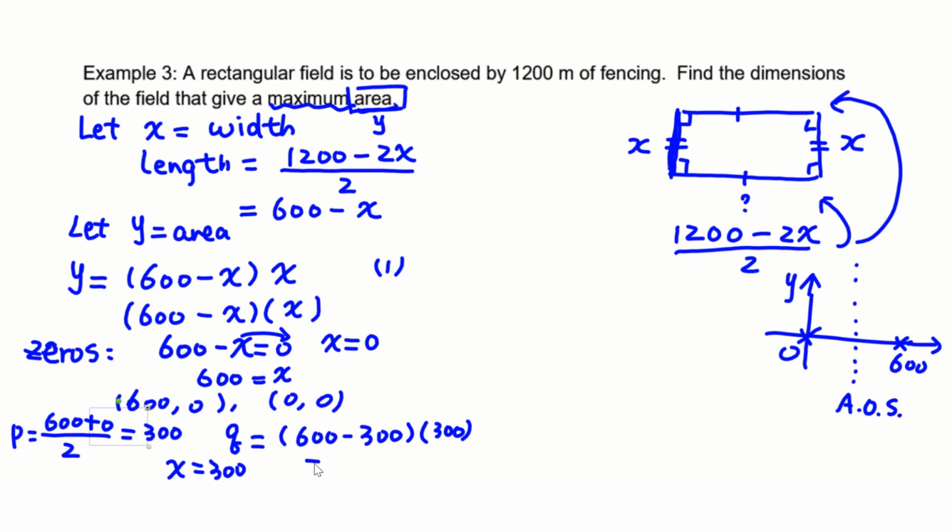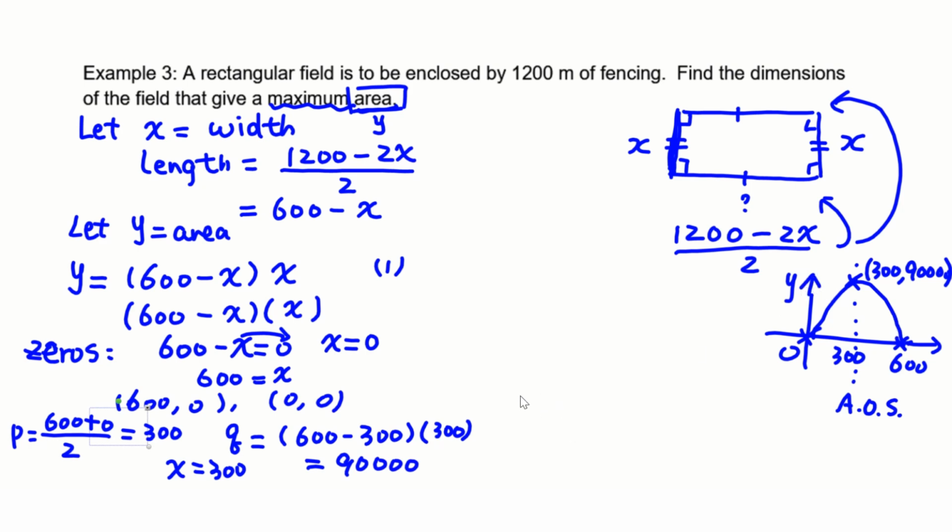Then we do the calculation, and you will find it's 90,000. So this is the vertex. This is 300, and the y value is 90,000. From this vertex, you will see the y value is the area.